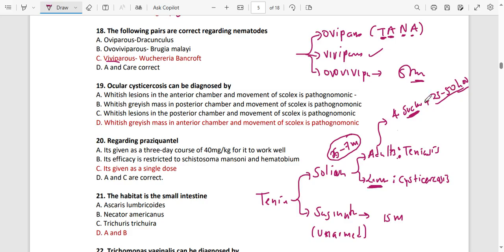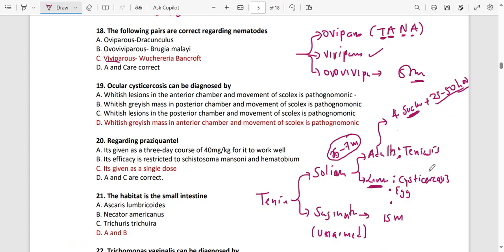About cysticercosis, how is cysticercosis caused? You need to know this, please. Number one, it can be caused by ingestion of eggs. Taeniasis is caused when you chew the muscle, the beef or the pork, that contains the Taenia.